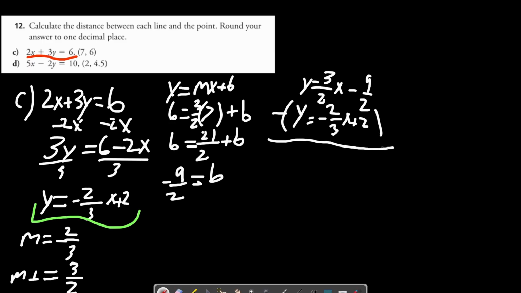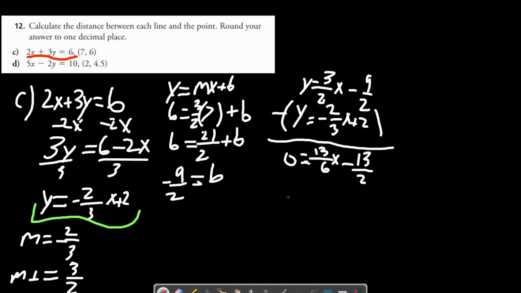So you subtract them: y minus y is 0. 3/2 minus negative 2/3 is equal to 13/6 x. We have minus 9/2 minus 2, and that is minus 13/2.